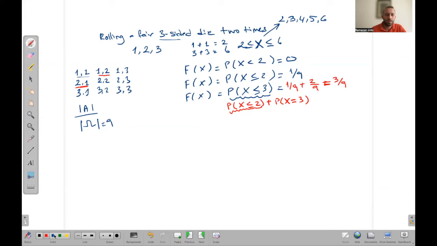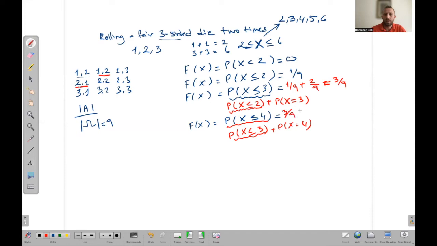Let's do the other one, F of x, the probability of x is less than or equal to 4. Again, I can write this as the probability of x is less than or equal to 3 plus the probability of x equal to 4. I have already calculated the first, which is 3 over 9.